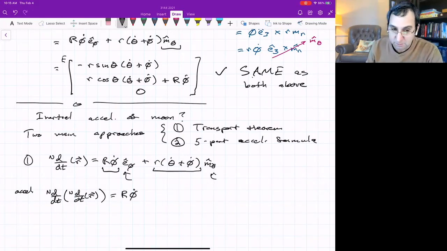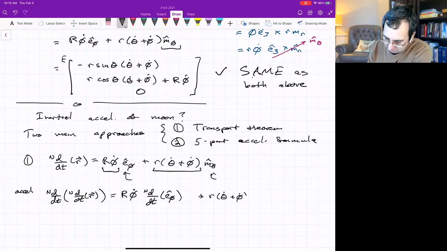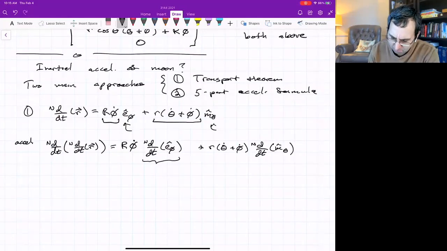I'm skipping a step, but hopefully if you watch this, you'll get it. That's what you get from the first part. And then for the second part, r theta dot plus phi dot, the derivative with respect to the n frame of m phi.